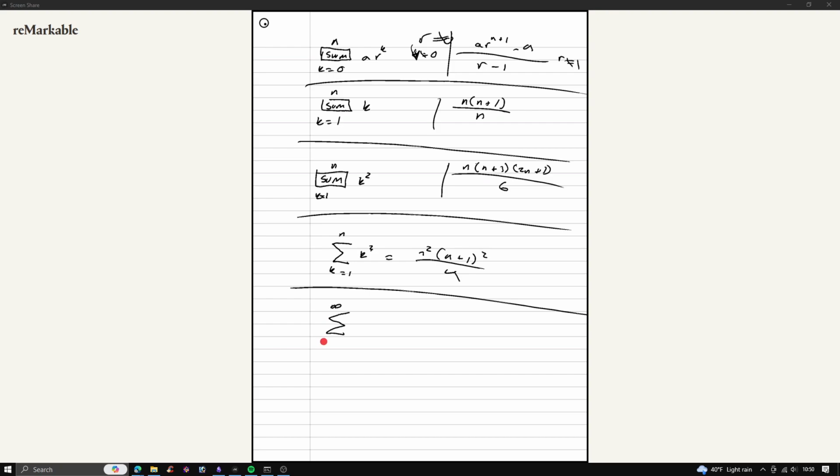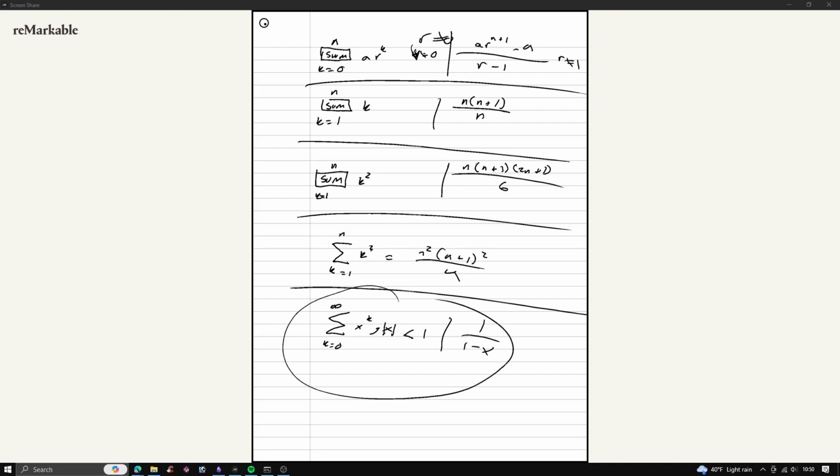Infinity symbol, that's a rare one. K equals 0, x to the k, comma, absolute x less than 1. It's just going to be 1 over 1 minus x.